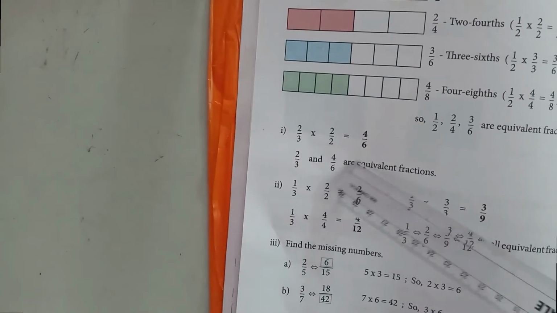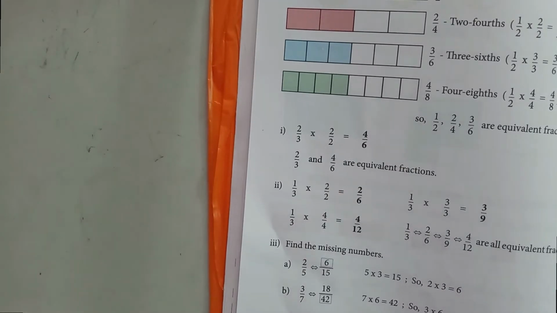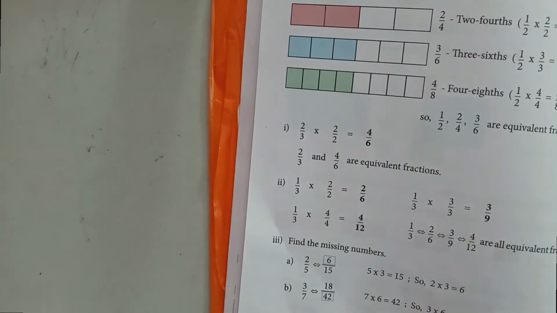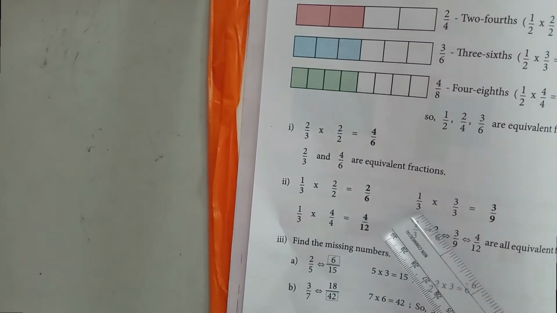Now see here 2 by 3 into 2 by 2 is equal to 4 by 6. 2 by 3 and 4 by 6 are equivalent fractions. In the second question see 1 by 3 into 2 by 2 is equal to 2 by 6. See 2 ones are 2, 3 twos are 6. Likewise 1 by 3 into 3 by 3 is equal to 3 by 9.